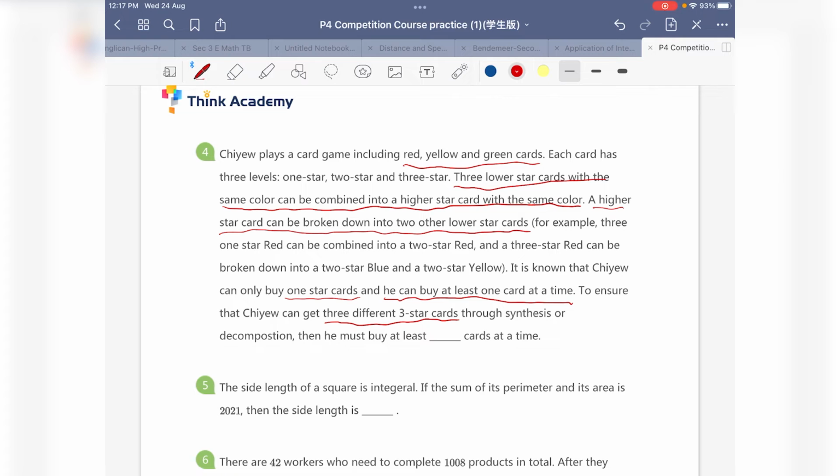So let A, B, C represent the number of 1 star red, yellow, and green cards respectively.